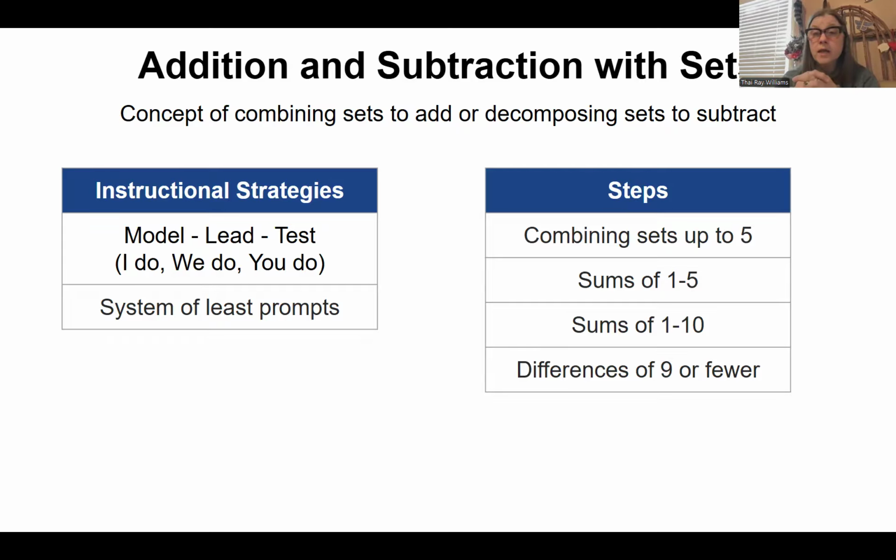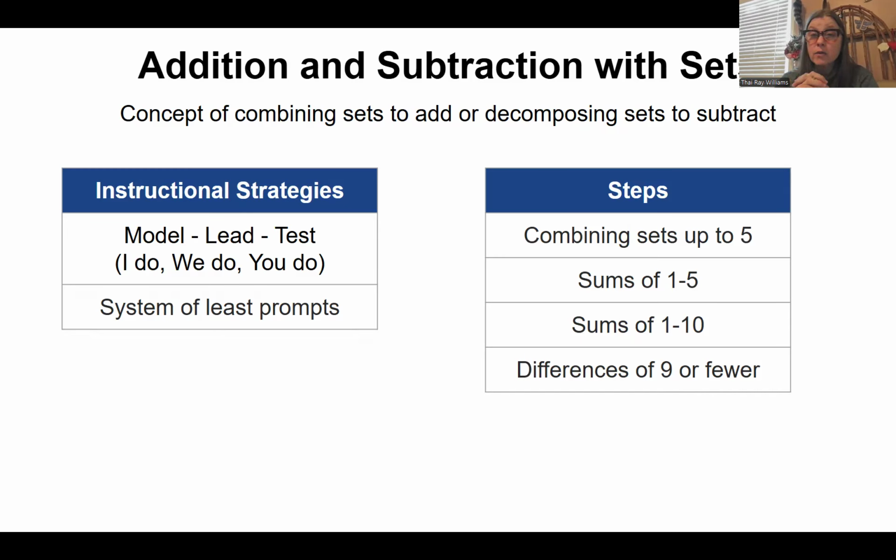Combining the sets. And then we want to do that up to 5 and figure out how many because we're working on addition and subtraction. So I take one object, I take 4 objects, I put them together. I just combine two sets into one set, and I'm going to count to find out how many are in that set. Next, we're going to move up to sums of 5.